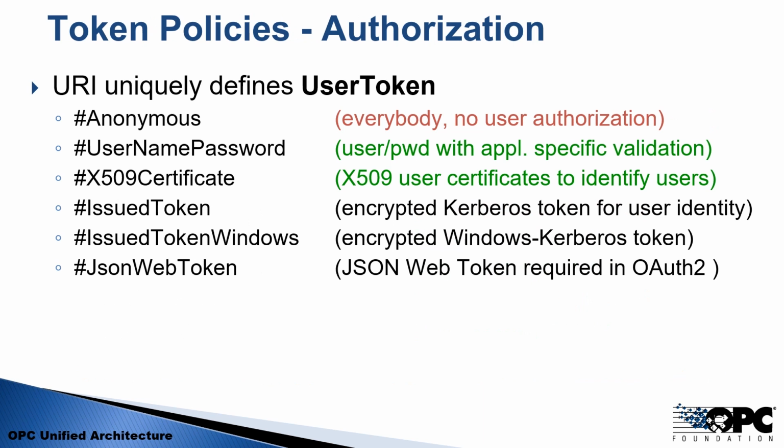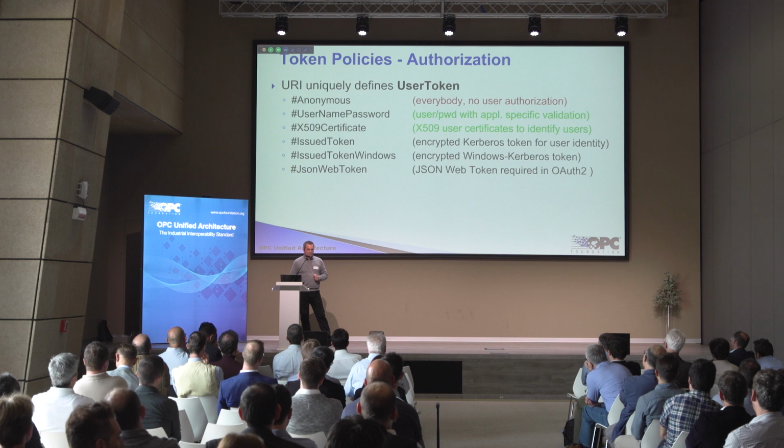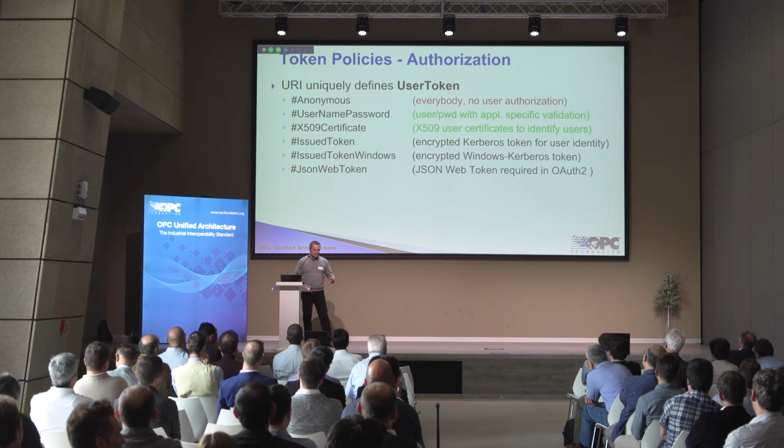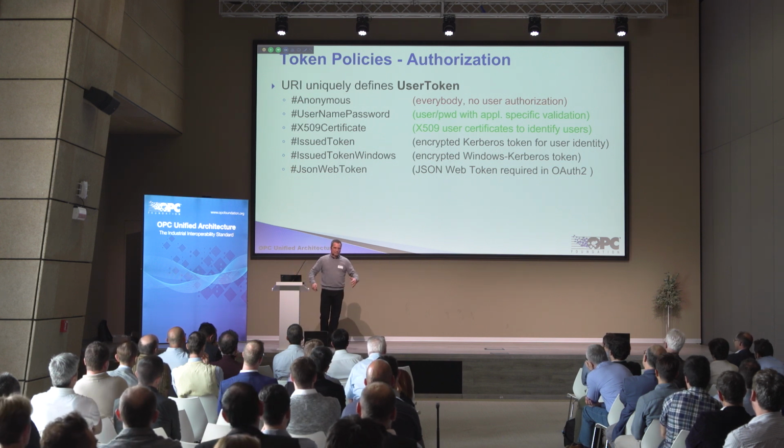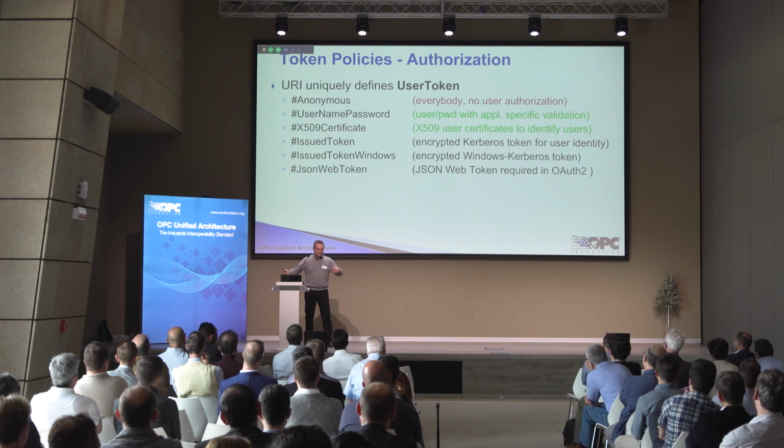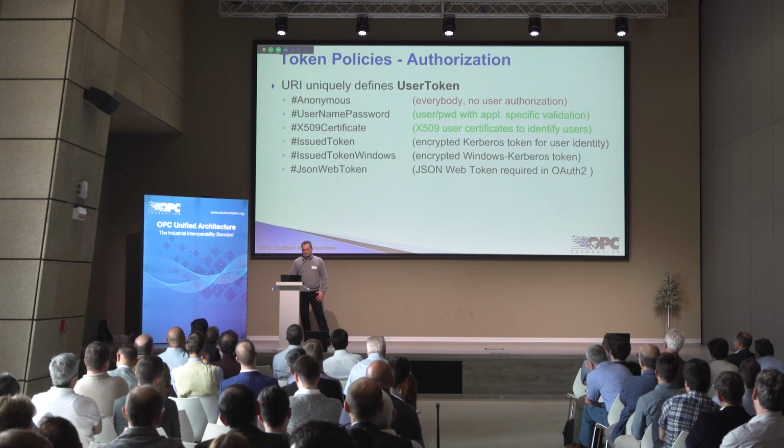We have two Kerberos token formats because the Windows one is a little bit different from the rest. And we have a JSON web token, which we can also use in the OAuth2 authentication mechanism, which is, for example, used in Facebook and some other big user authenticated platforms.